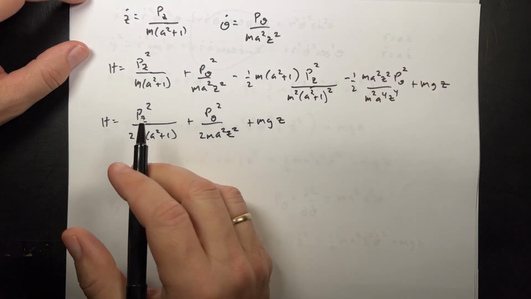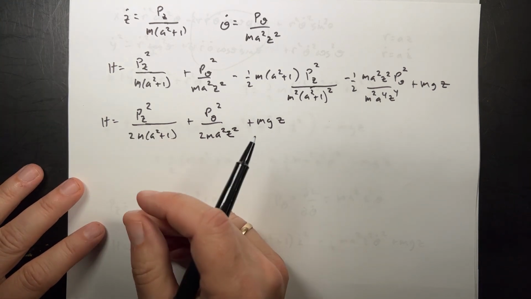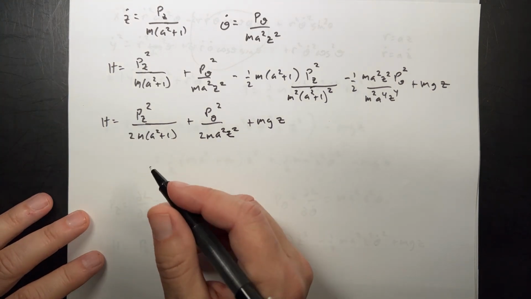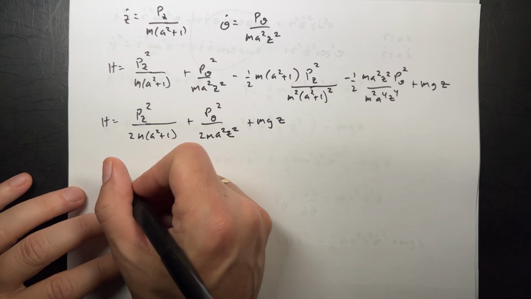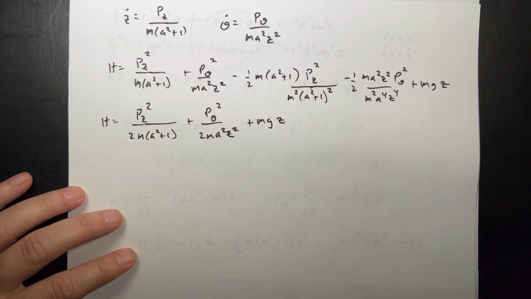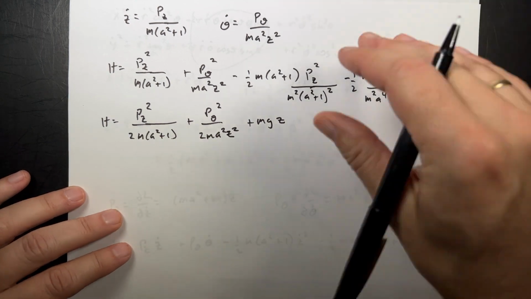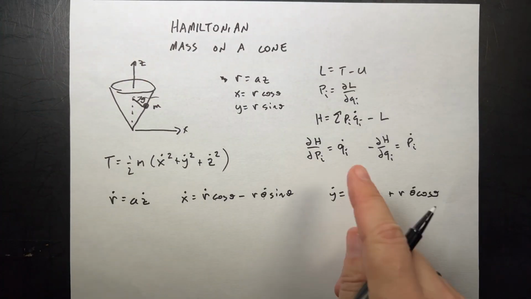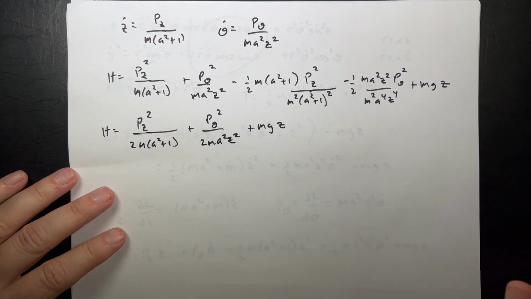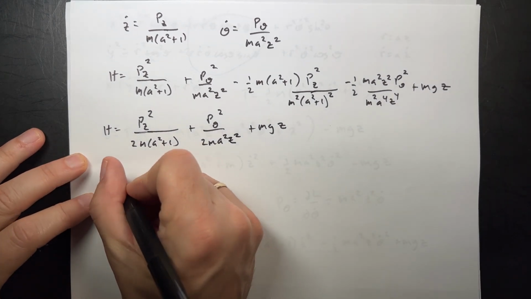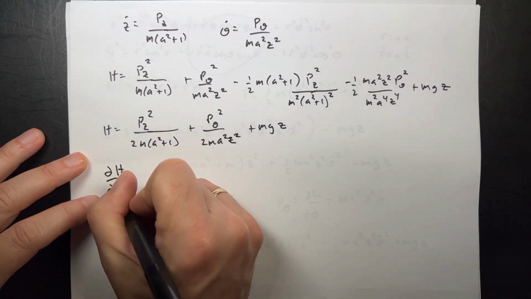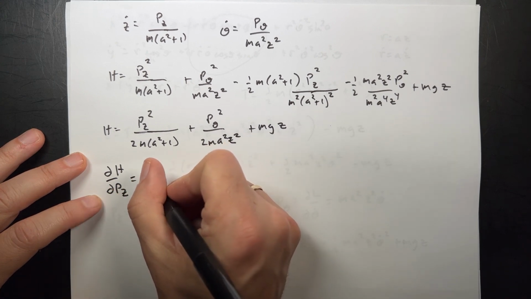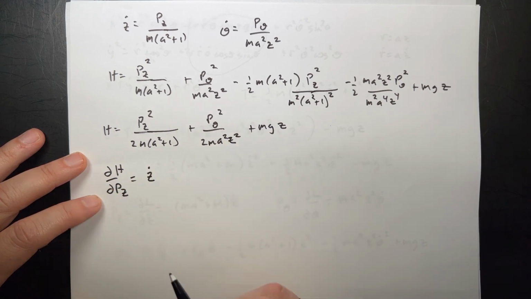Okay, so we can go ahead and do Hamilton's equations to get four equations. So let's do this. I kind of forget which one has the negative. I already put it up here. The partial of H with respect to pz is going to be equal to z dot.